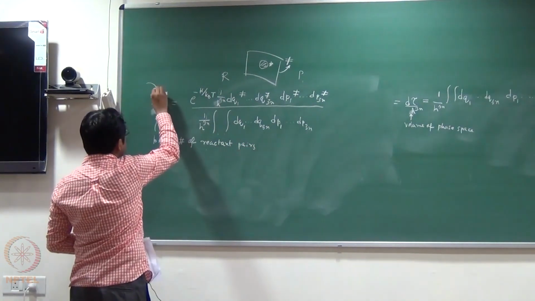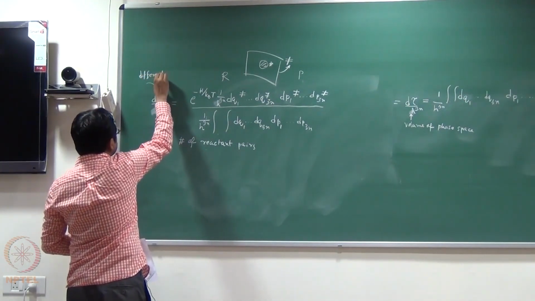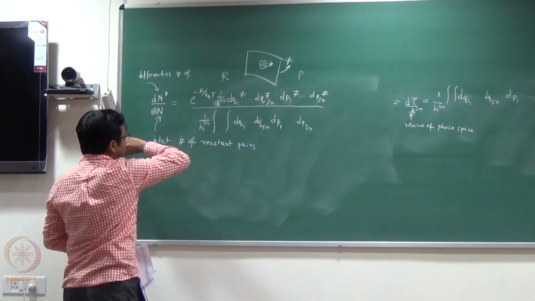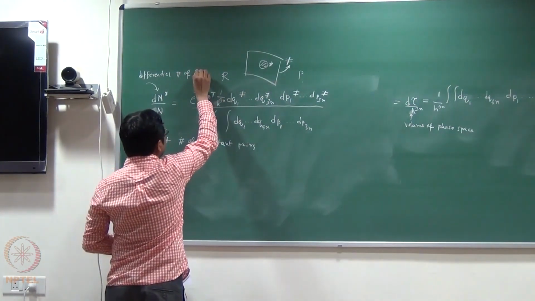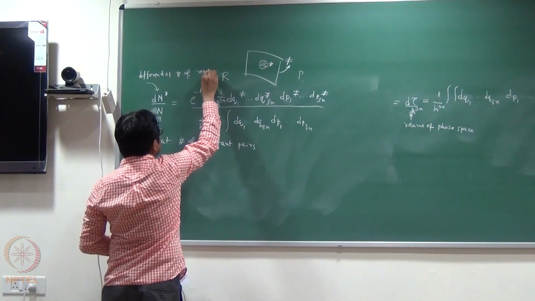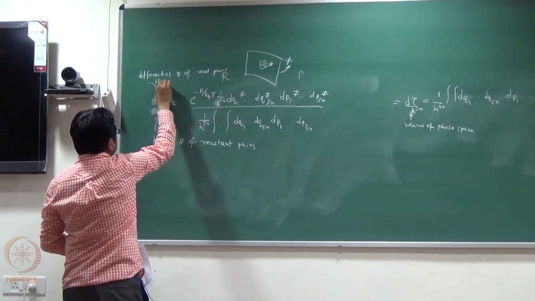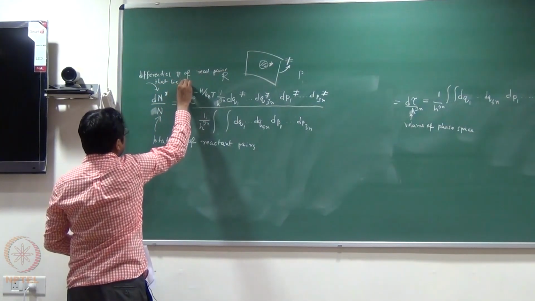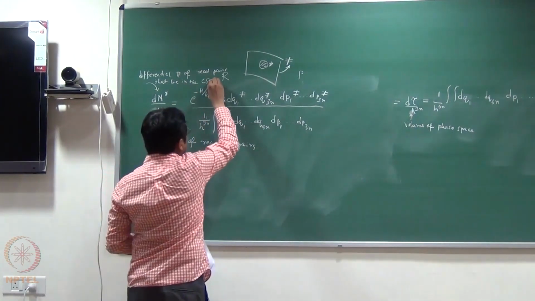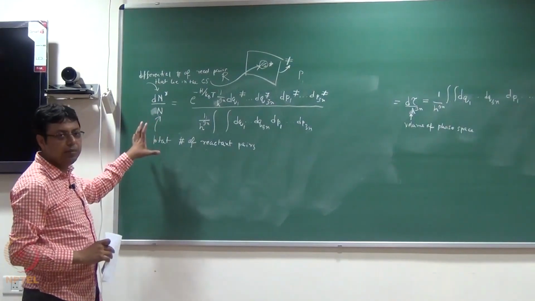And this dn star is the differential number of reactant pairs that lie in the critical surface. Basically this ratio. This is the meaning of the ratio.